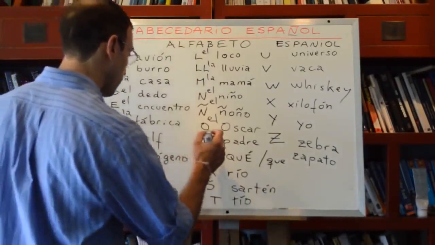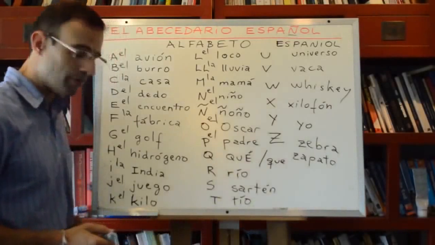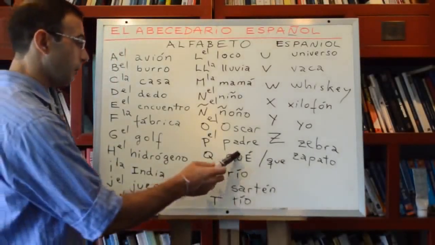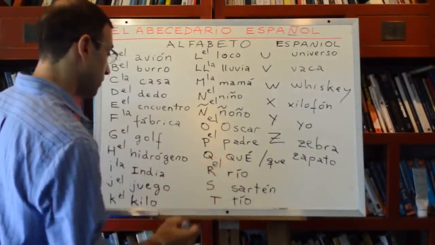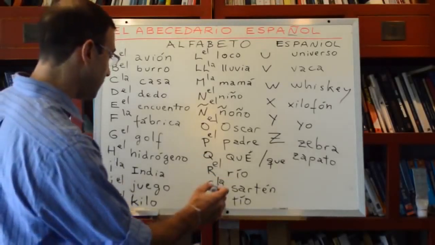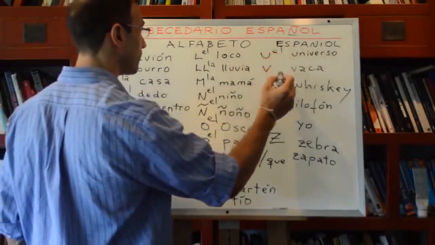El padre for the father. Que is an adverb, so we cannot put an article here. El río for the river. La sartén. El tío. El universo.